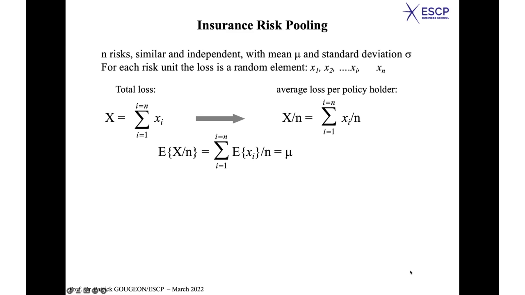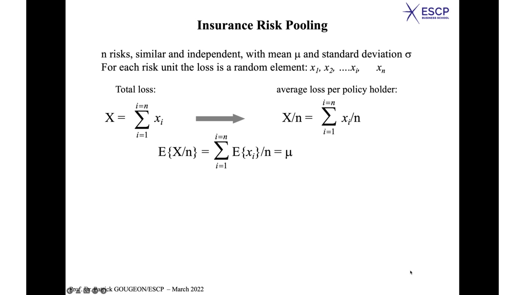And the average loss per policyholder will be X over n, which is the sum of all the xi over n. No difficulty there. I have just divided by n each part of the first equality. Now, since all the x1, x2, and so on are random elements, what I will look at is the expected value of the average loss.